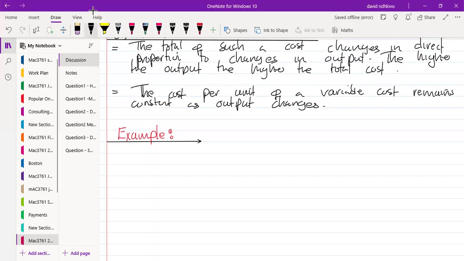Right, let's say a company has got the following output, in units: 1,000 units, 10,000 units, 50,000 units. Let's say we are dealing with cost of direct material.